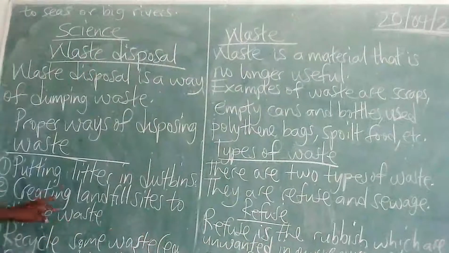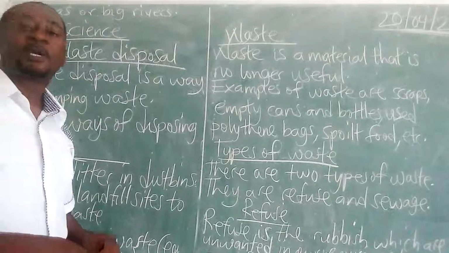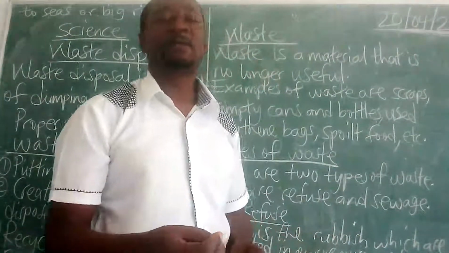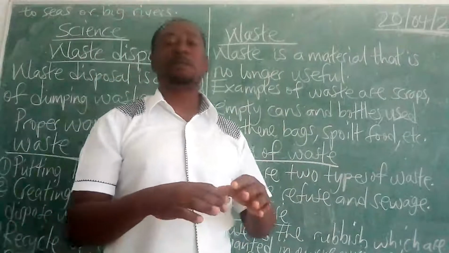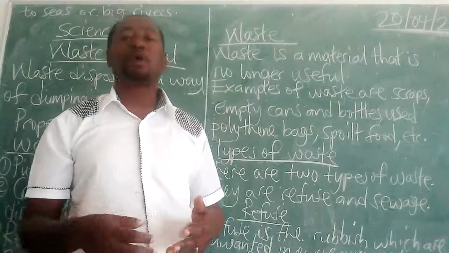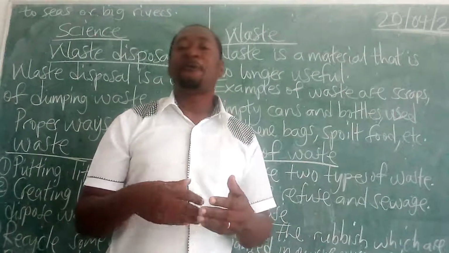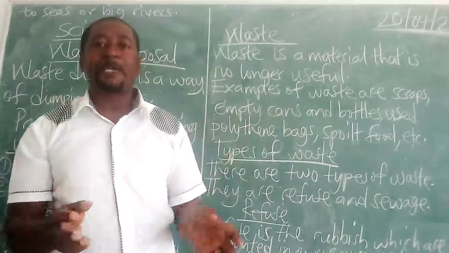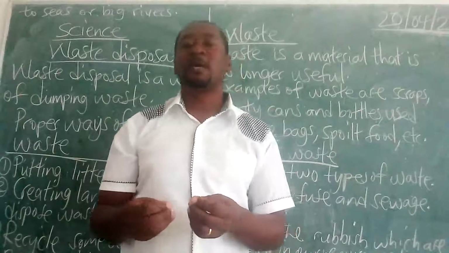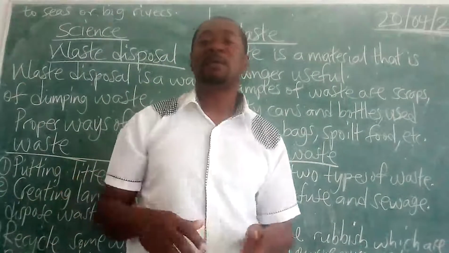Now another one is what? Creating landfill sites to dispose waste. We have some places where they dig and then dump refuse or sewage. So if the place is full of rubbish and sewage, then they cover it with what?